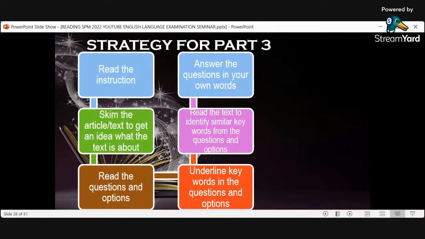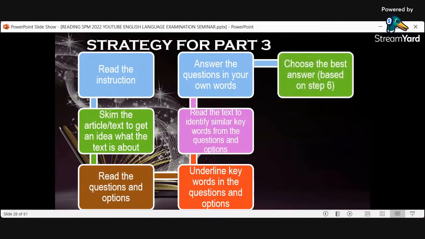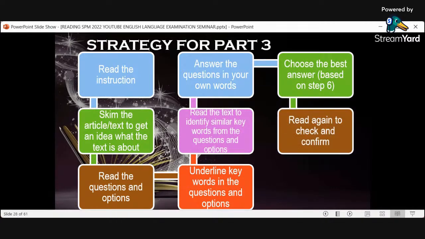Answer the questions again in your own words. When you understand the question, you can find answers in your own words. You will be able to find the best answer in the options. Then only choose the best answer. Okay, based on step 6. This is step 6, 1, 2, 3, 4, 5, 6. And then you read again to check and confirm.